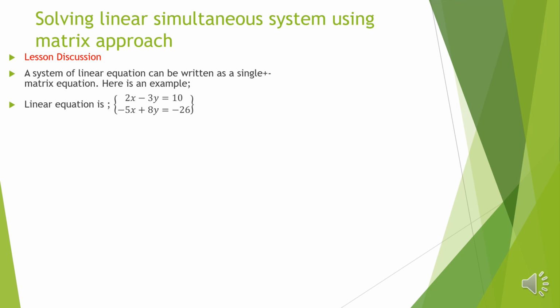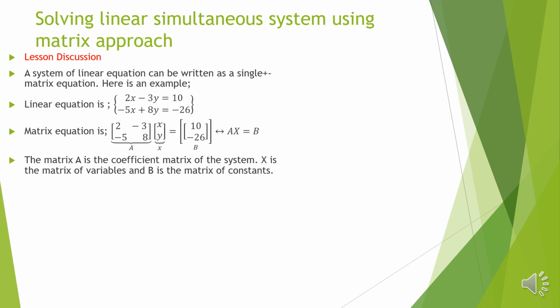Now we can change this simultaneous equation into a matrix equation as follows. We are going to take the coefficients of the variables together to form matrix A, and then the variables together to form matrix X, and then the constants together to form matrix B. So our matrix equation is going to be AX equals B, where A is the coefficient matrix of the system, X is the matrix of the variables, and B is the matrix of constants.